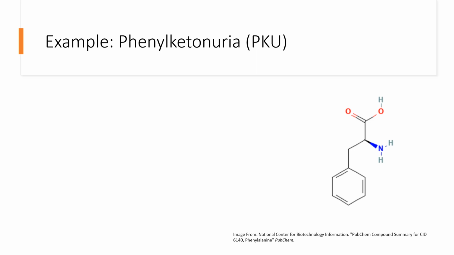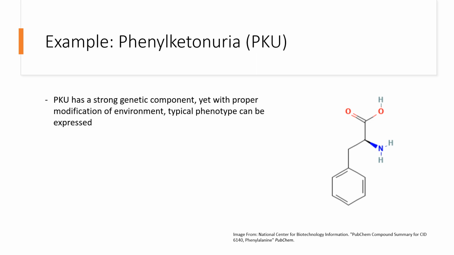Thus, the phenotype of reduced cognitive function cannot be attributed exclusively to genetic or environmental factors. Rather, the gene and environment are interacting in a phenylketonuria patient to produce the severe reductions in cognitive function that are hallmarks of the disease.